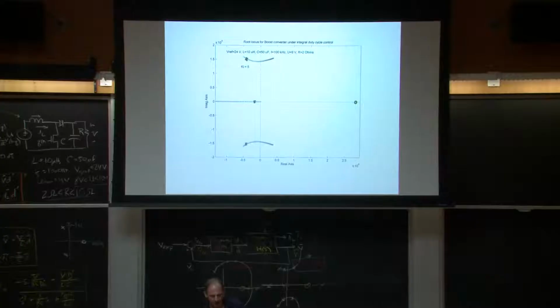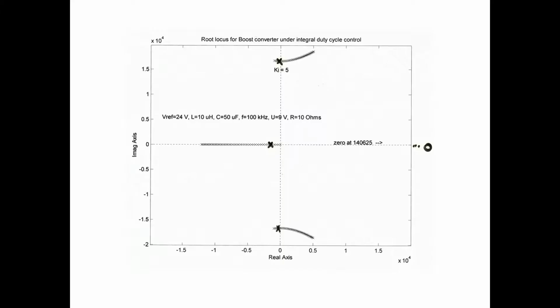Now that's for one end of my load range, but keep in mind the starting place of my open loop poles depended upon my load resistance. If I started with the other end of my load range, 10 ohms, light load, this is what it would look like. All right? For Ki equals 5, I have a dominant pole here, right? This is the closed loop pole location.